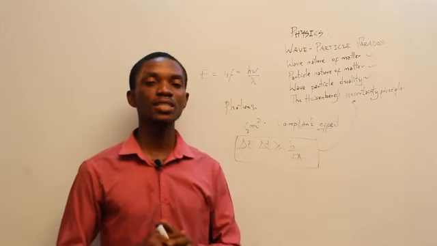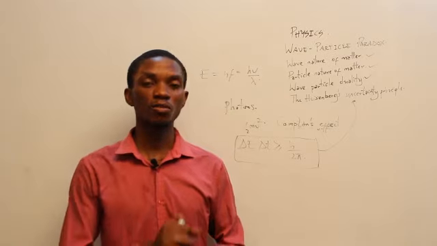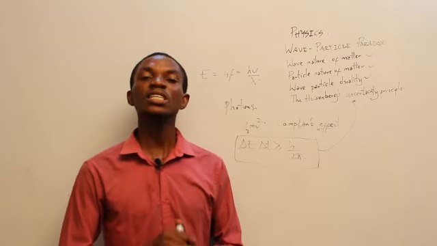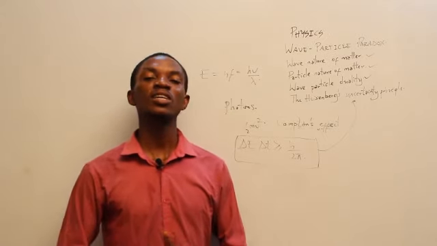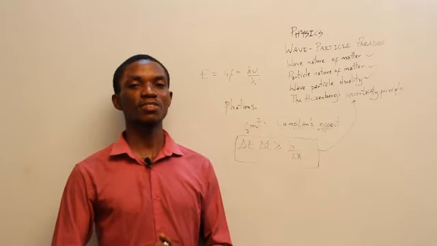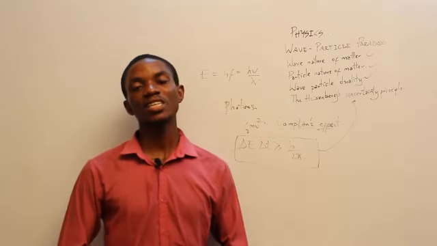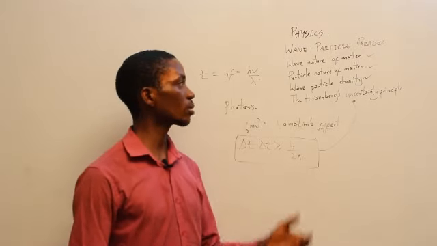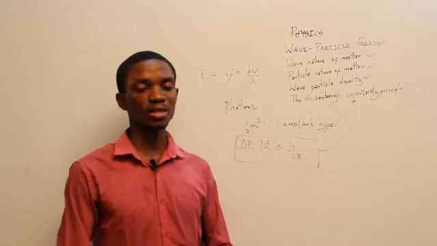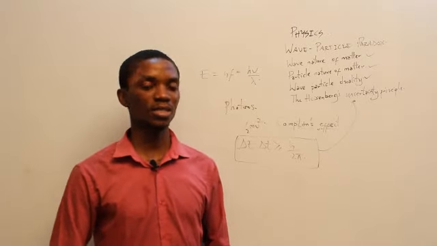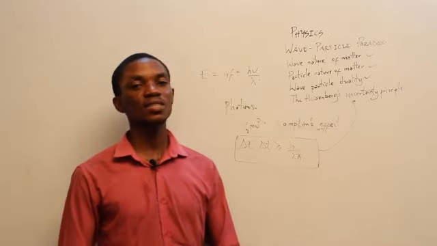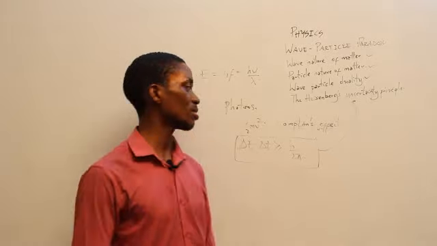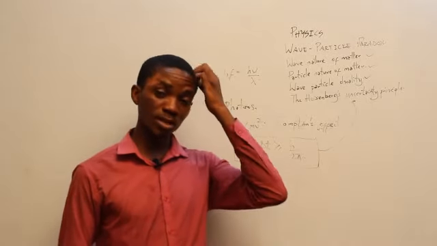Considering light, we say light is a wave. We have proofs that it behaves exactly like a wave. It can be refracted, diffracted, reflected, interfered, and lots more. We also talked about the particle nature of matter, and we discussed that light also is a particle, especially using the Compton effect to explain.